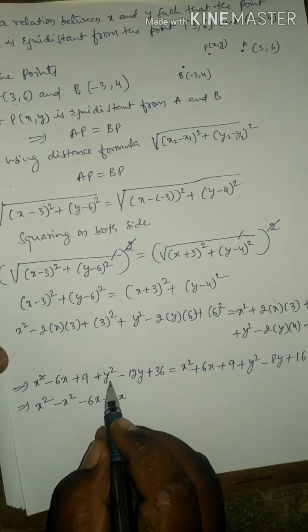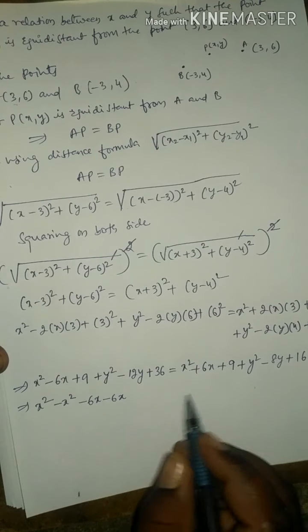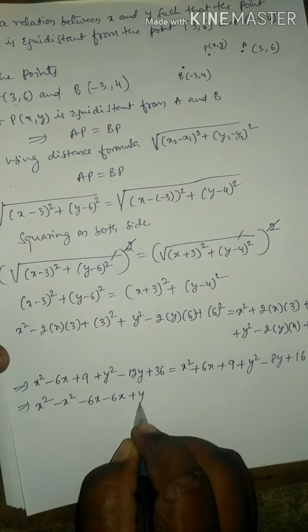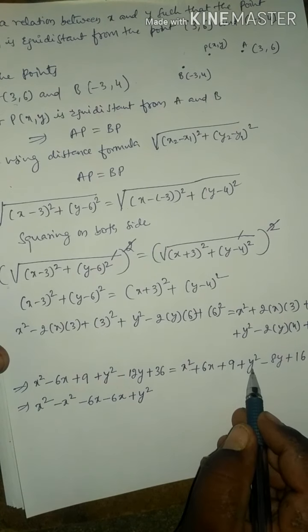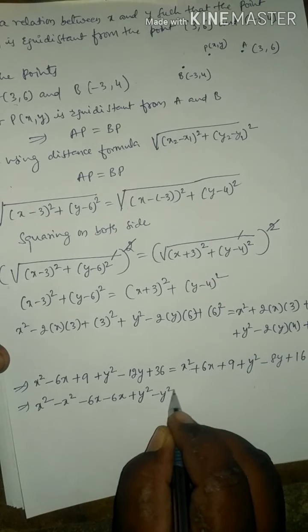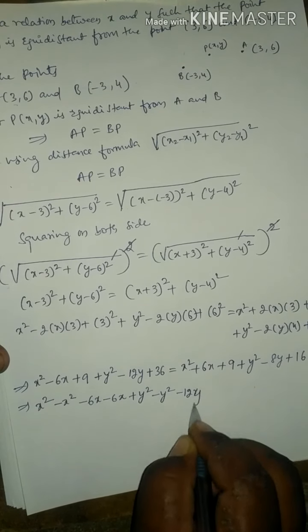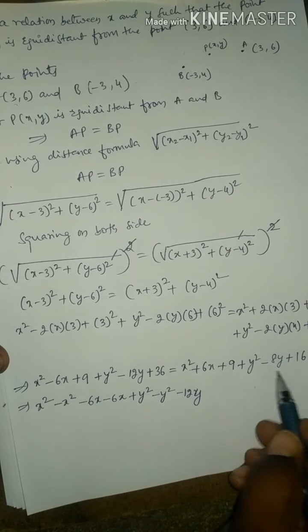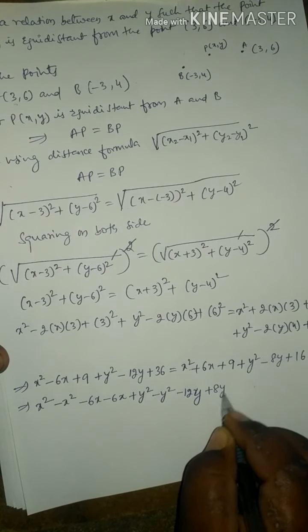Then I'm writing the variable part first, then I'm going to write the constants. So here plus y square as it is. In the RHS also plus y square is there; if you transpose to the LHS, it will become minus y square. Then minus 12y, this one I wrote as it is. Here minus 8y is there; if you transpose to the LHS, it will become plus 8y.